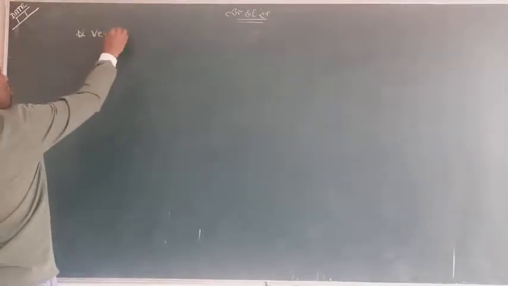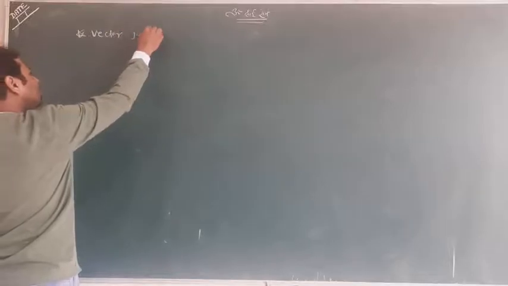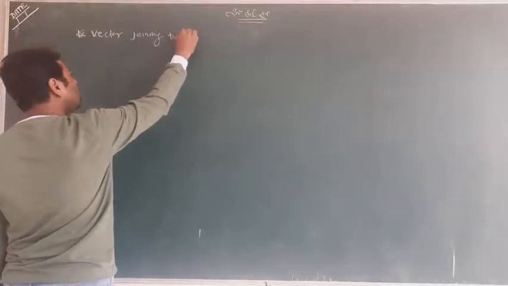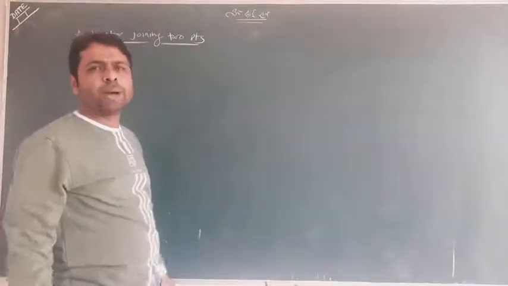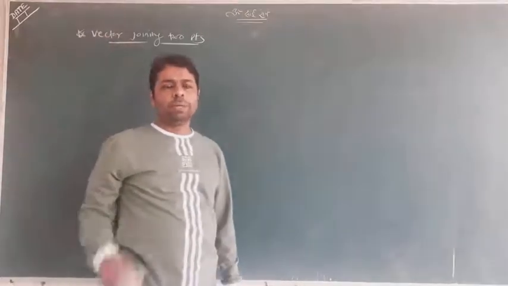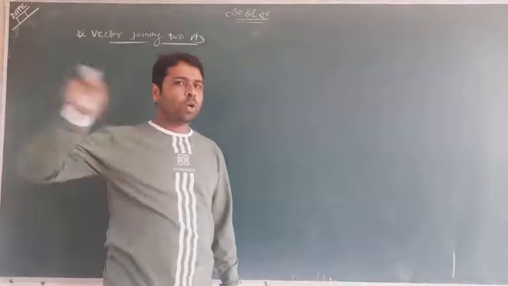Now let me explain something more. The new concept I'm telling you, closely connected, is the vector joining two points. Very good concept it is. Meaning when two points are given, what will be the vector?